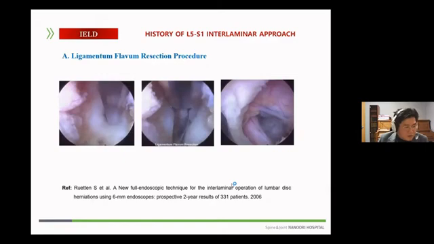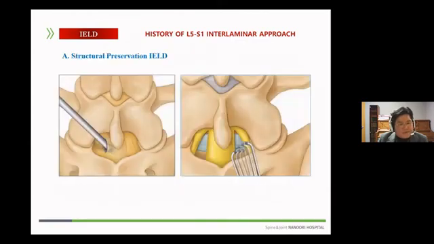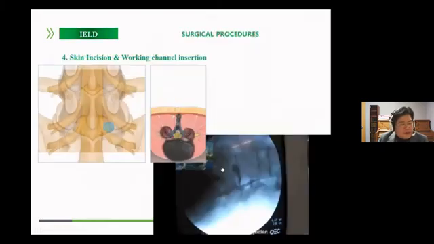Since the interlaminar endoscopic lumbar discectomy started with ligamentum flavum resection, we heard talk of it being similar to open surgery in the early days. However, since then, ligamentum flavum splitting and annular sealing techniques have been introduced, and now a minimally invasive structural preservation process is possible, similar to the transforaminal endoscopic lumbar discectomy.